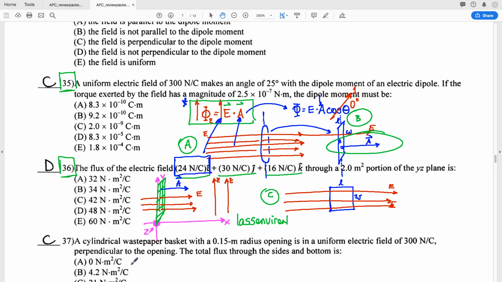And you can see those funky units, newton meter squared per coulomb, and we get 48. That's going to be the I hat component, or the X component, 24 newtons per coulomb times the area.